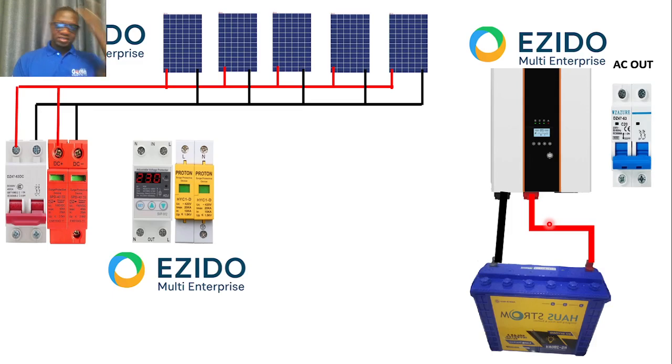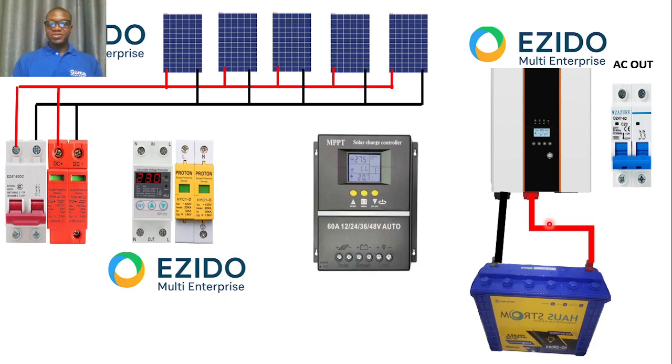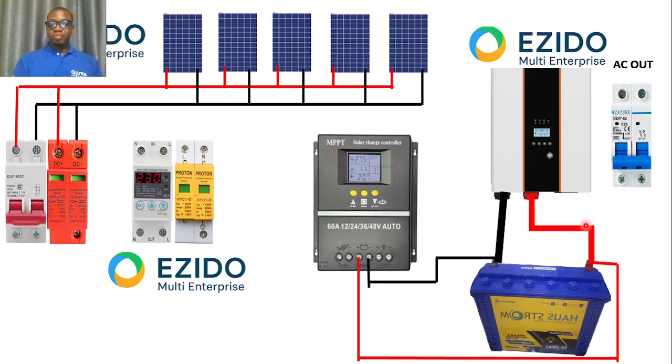After you have connected that, then you place your charge controller, and then you connect the battery terminal of the charge controller, from the positive terminal to the positive terminal of the battery, and from the negative terminal of the charge controller to the negative terminal of the battery.